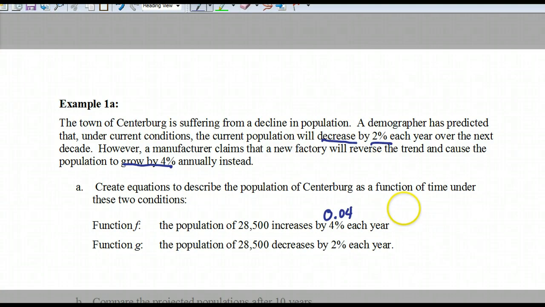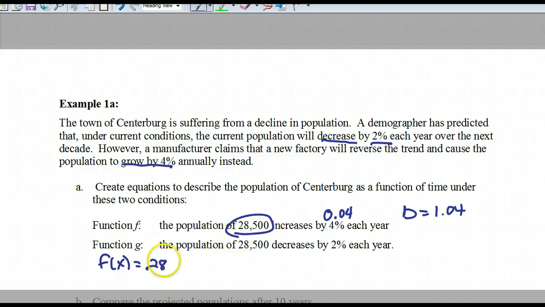So our b is going to be 1.04 in this case. So, down below, f of x equals, and the original, the a is 28,500 times 1.04 to the x power.